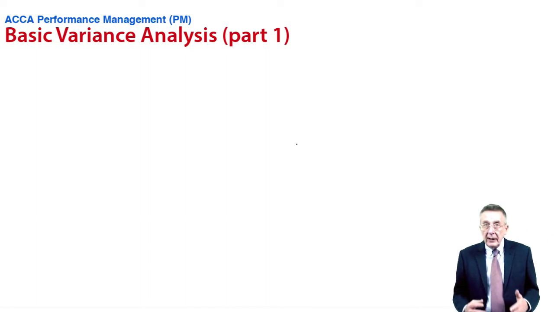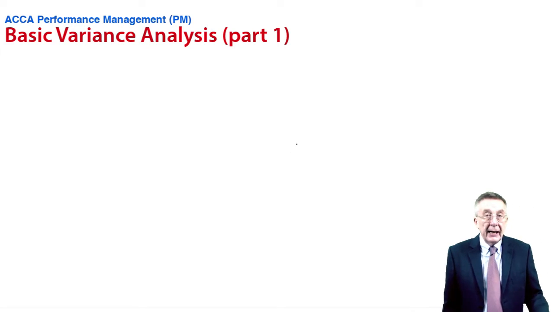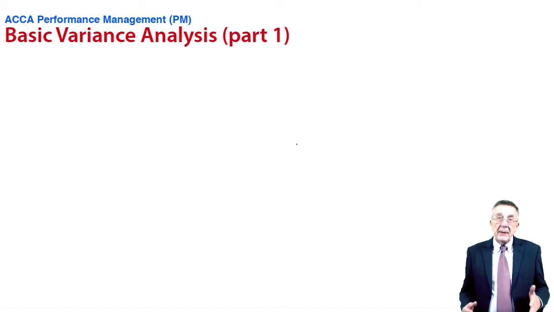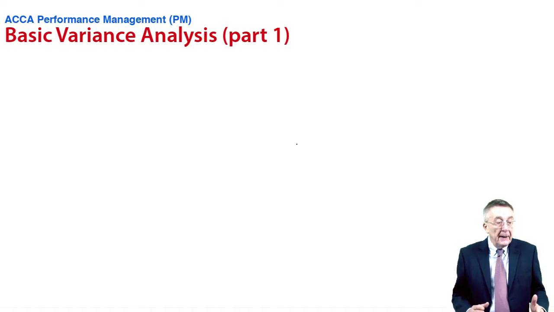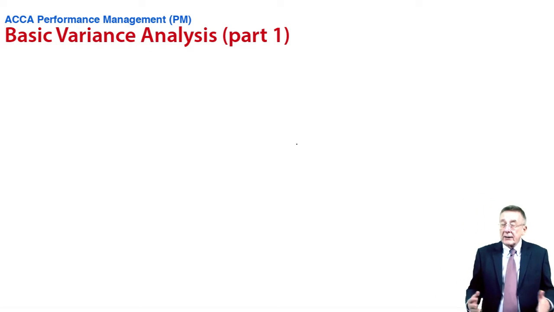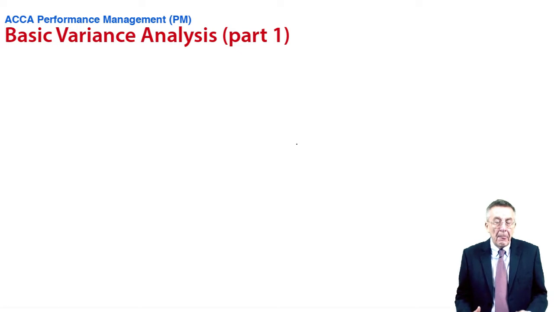Now in paper F5, although there used to be a time when they did have full basic variance questions, these days the examiners said there won't be any questions entirely just on basic variances. The next chapter, which the separate lectures are on, has more advanced variances, and they are what are examined in paper F5.